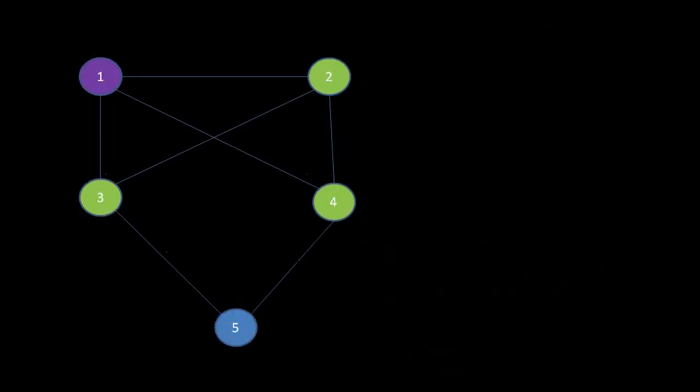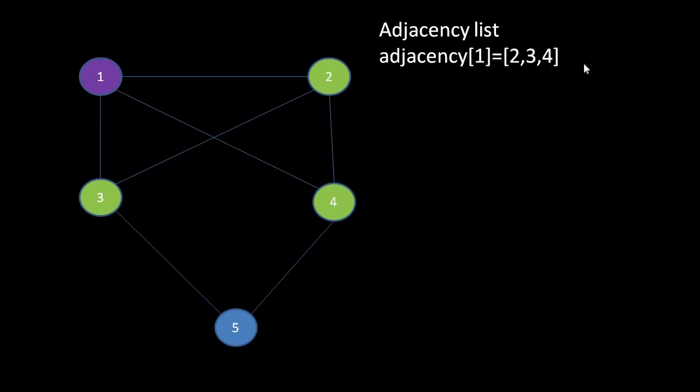So if 1 is connected to 2, 3 and 4, then the adjacency list of 1 will contain 2, 3 and 4.